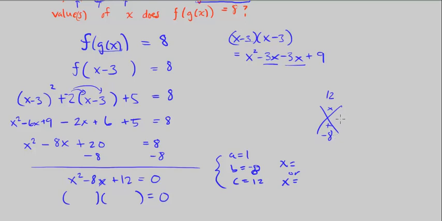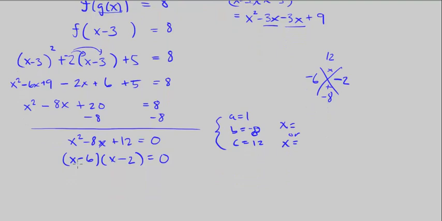Well, if I multiply negative 6 and negative 2, I get positive 12. If I add them, I get negative 8. So this is going to be x plus negative 6, or x minus 6, and x plus negative 2, or x minus 2, equals 0.